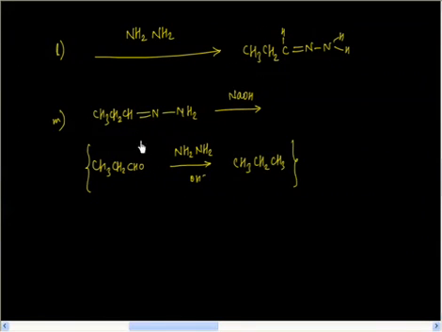In this reaction, basically hydrazone is an intermediate. So this is a hydrazone. First NH2NH2 reacts and gives you a hydrazone intermediate, and then this hydrazone reacts with OH minus and gives you a CH2 group. Finally it will be converted into CH3CH2CH3.